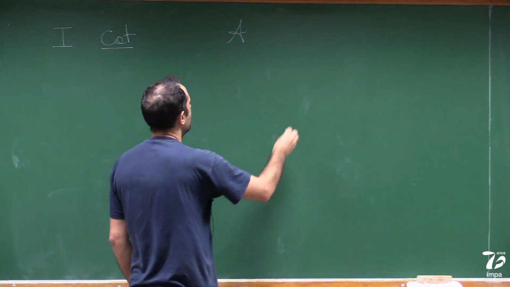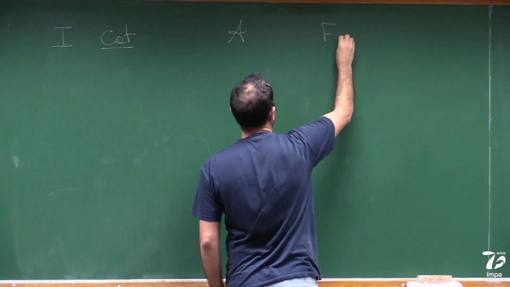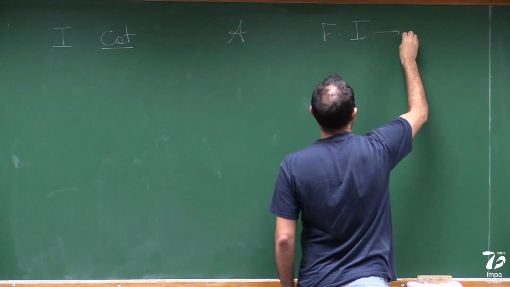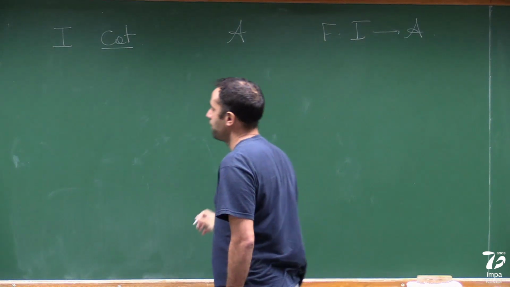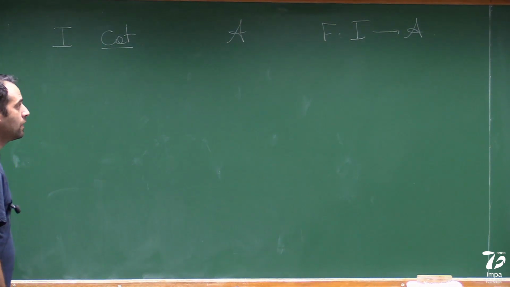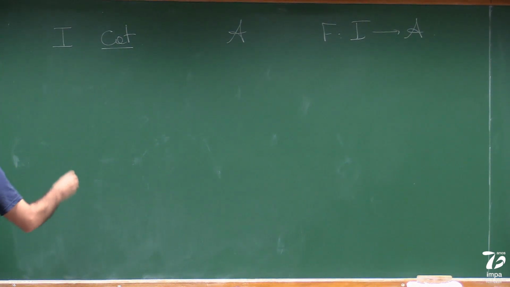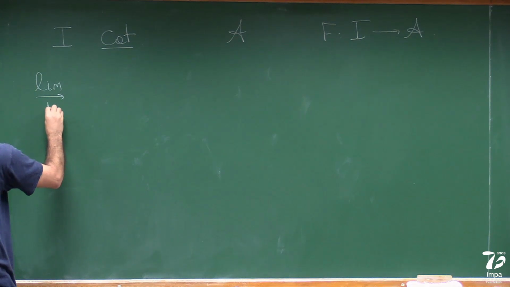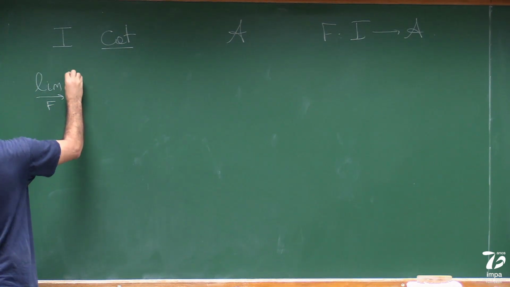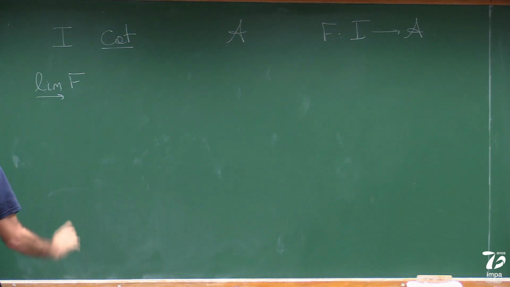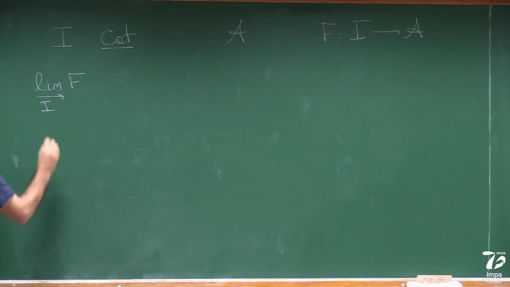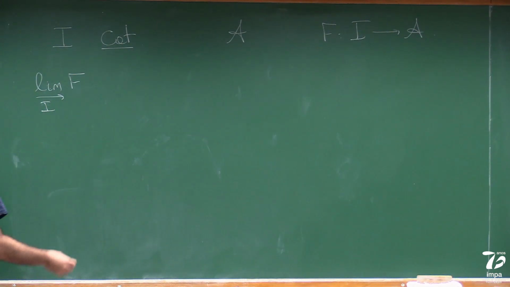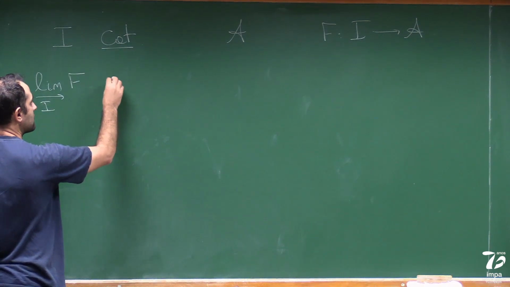Then, if you give me a functor from this category I to A, I would say that the colimit exists. I'll write it like this: the colimit over I of this functor. This is going to be an object in the category A.